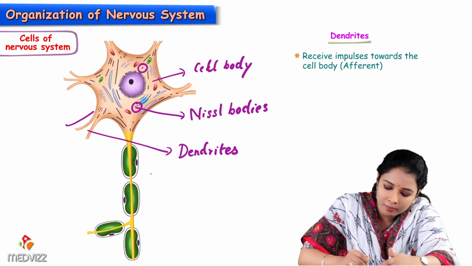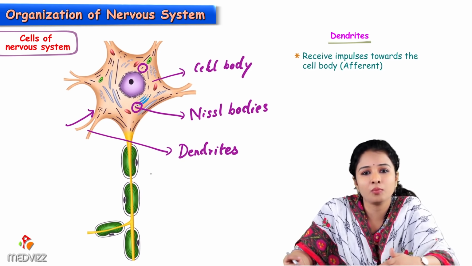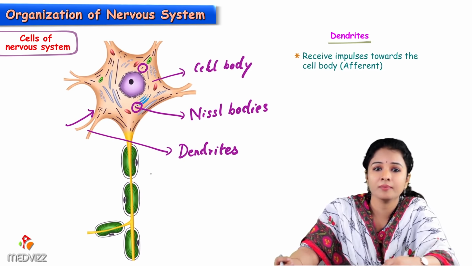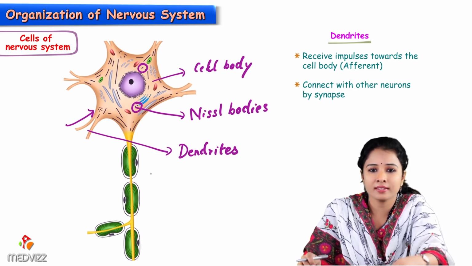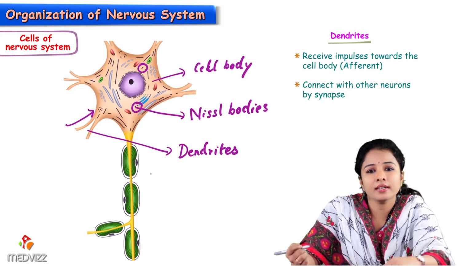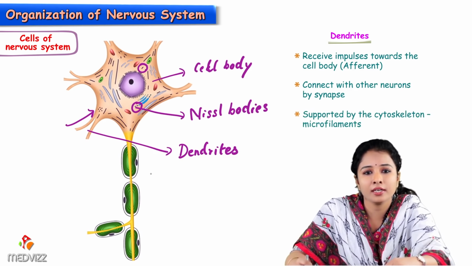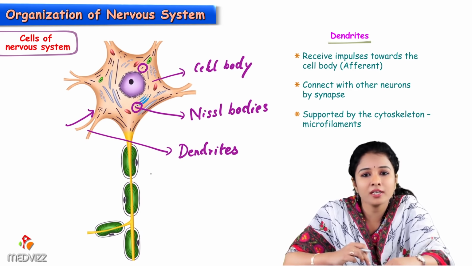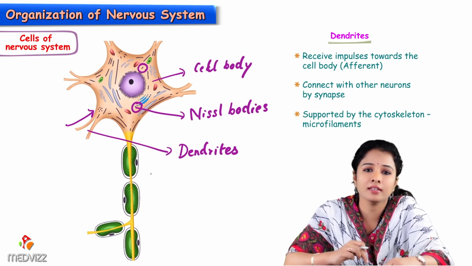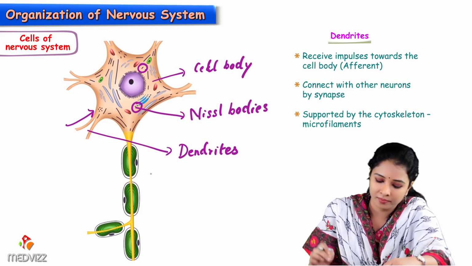So they receive the impulses towards the cell body, so they are afferent, and they connect with other neurons by synapse. These dendrites are supported by the cytoskeleton called microfilaments. So the cytoplasm inside the dendrites consists of microfilaments.